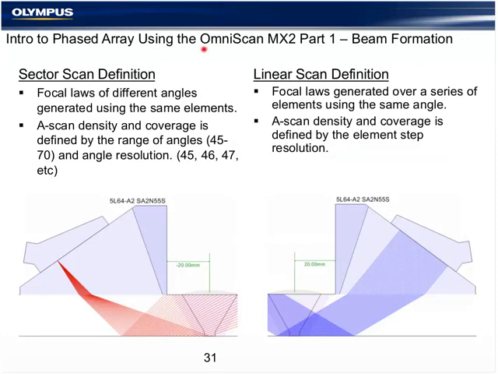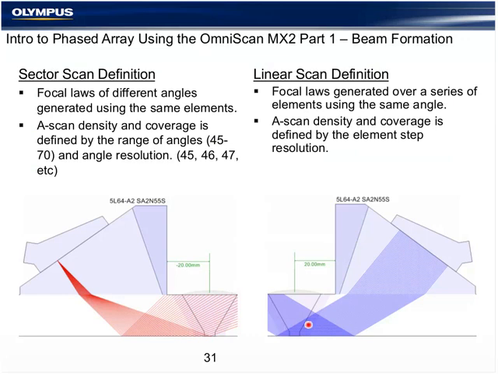And those come in basically two different groups of inspection strategies, or scans, they call them. There's many forms of these, but the two most common, and the two that are supported directly in the OmniScan calculator, are a sector scan group and a linear scan group.